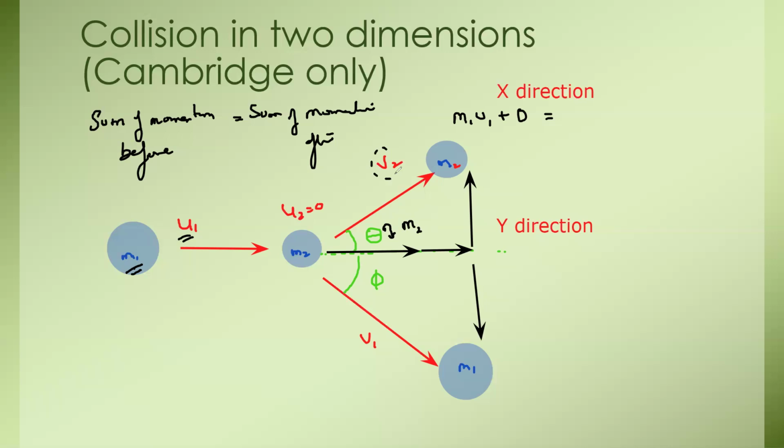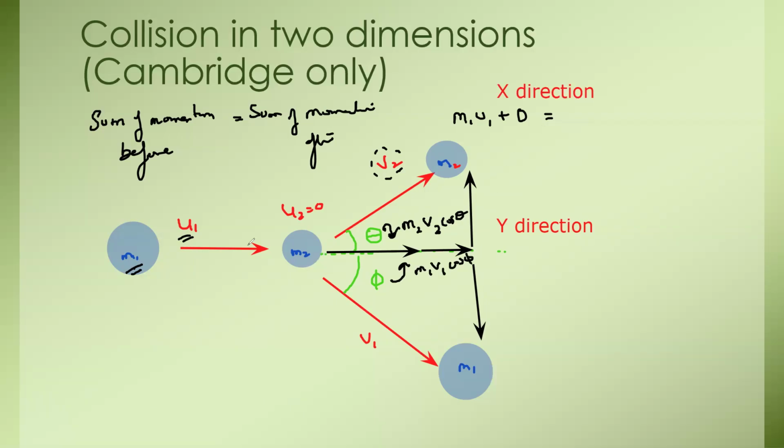But we don't take the velocity v2; we just take a component of the velocity, so it will be v2 cosine theta. The component which is at an angle is written with cosine. Same way for this component: momentum is a product of mass and velocity, so m1 v1, and the angle is phi, so m1 v1 cosine phi.